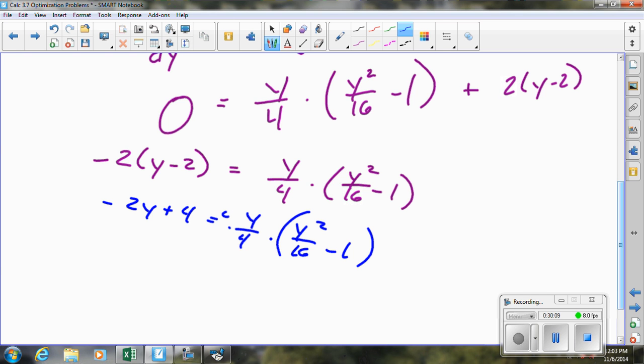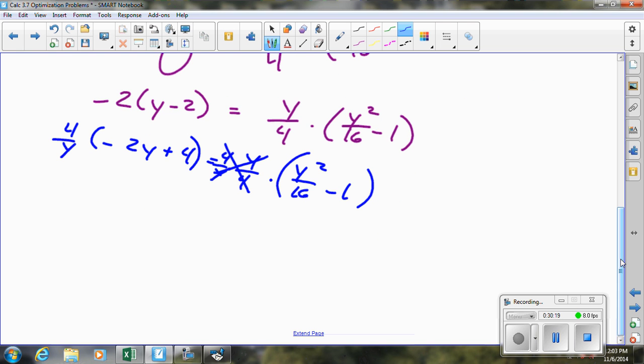And we could choose to multiply by 4 over y to cancel those pieces out, which would then distribute across to give us negative 8 plus 16y to the negative 1, which equals y squared over 16 minus 1.